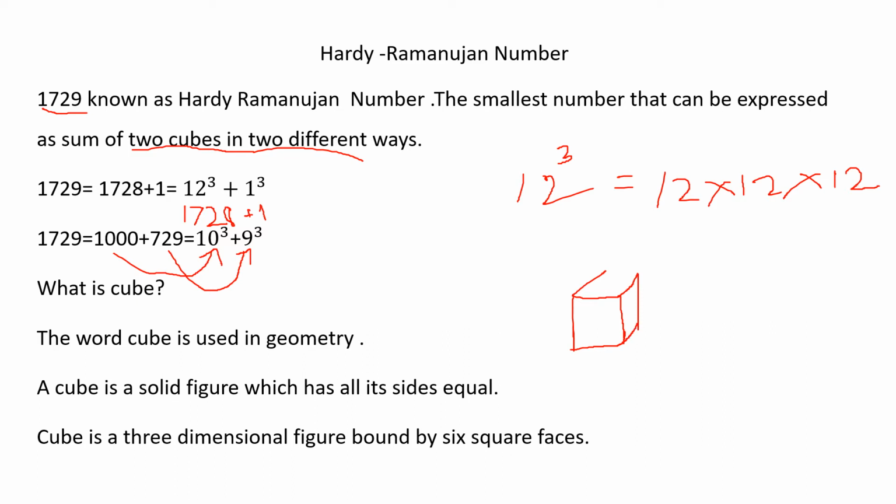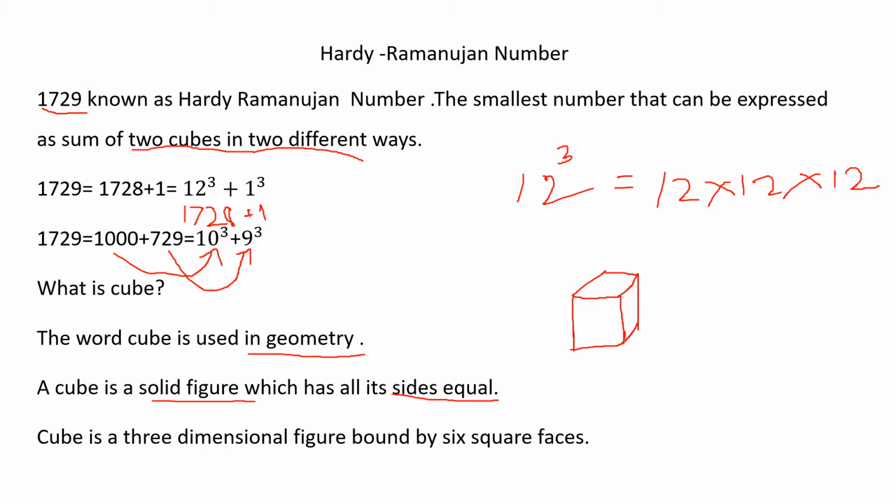Okay, this is how you will draw a cube in geometry, right? So a cube is a solid figure and all sides are equal, right? The word cube is used in geometry, and a cube is a solid figure where all the sides are equal.